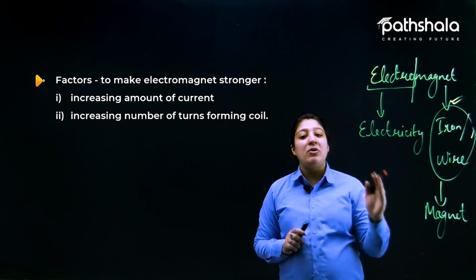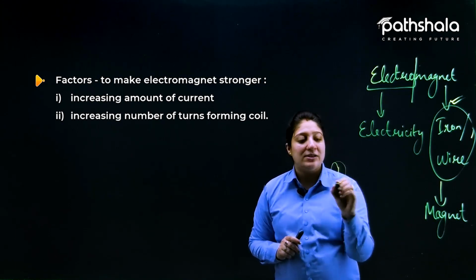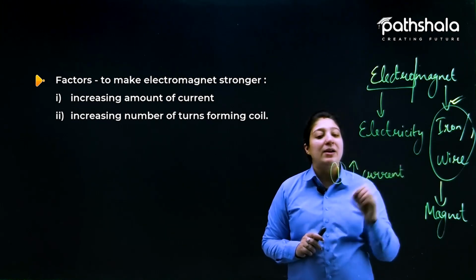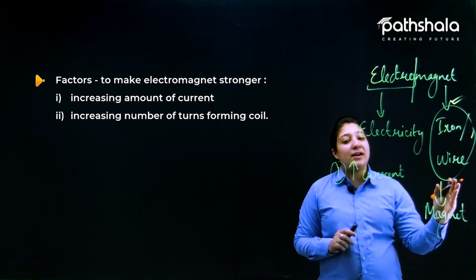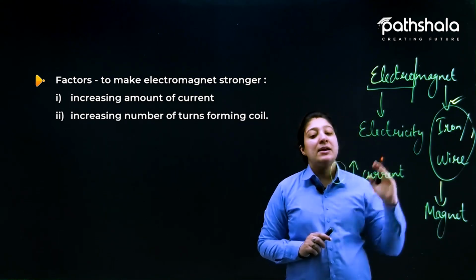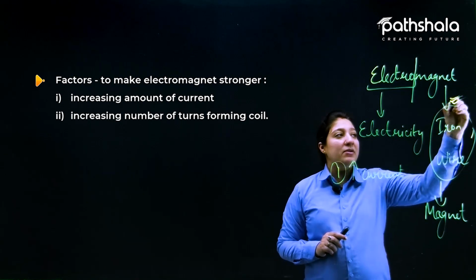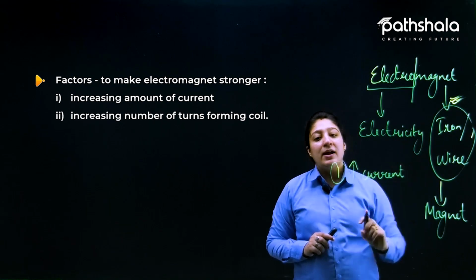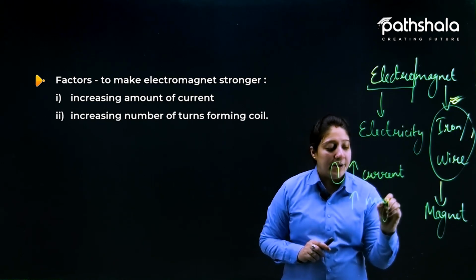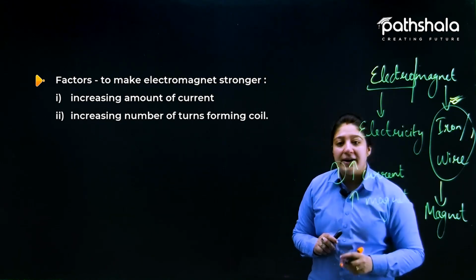If more current is passing through the system, more electricity will be converted into magnetic energy, and hence the element connected in the circuit will behave as a magnet for longer time. So that is one factor.